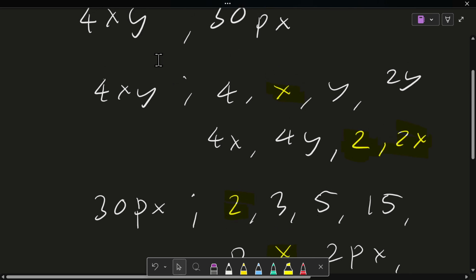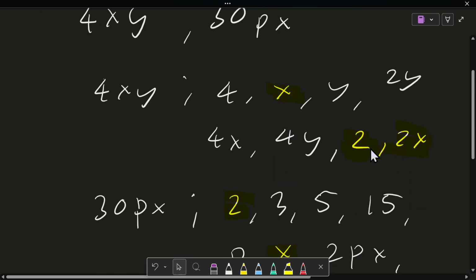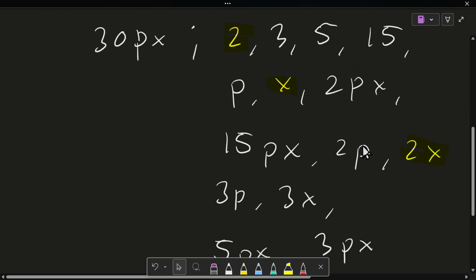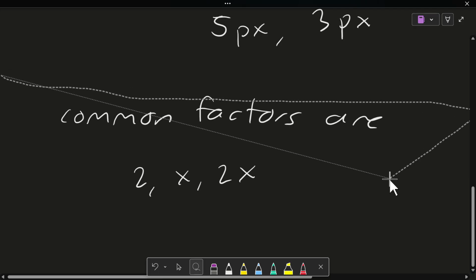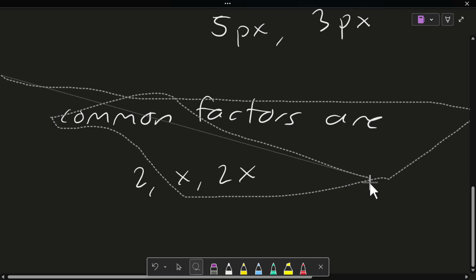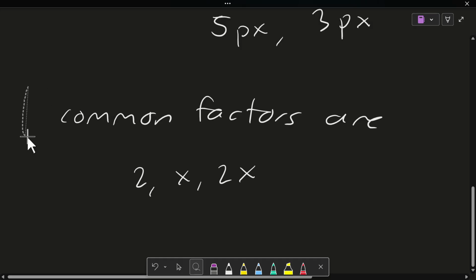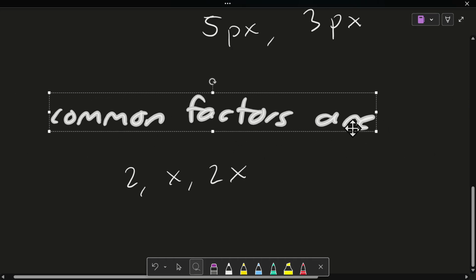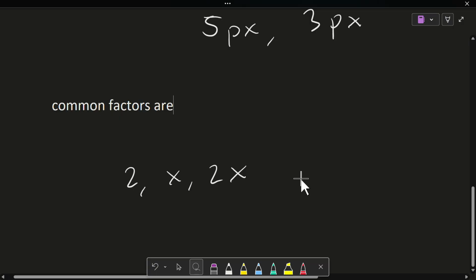All these are factors for each of them, but these are the common factors.